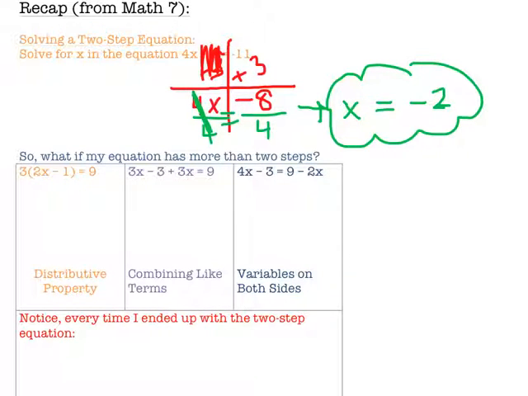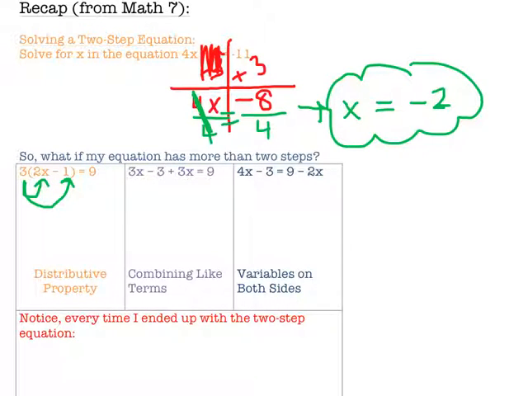Some of these skills are also a review. So for example, last year you should have learned about distributive property. And in this first equation, I have distributive property. I have a number outside parentheses and then 2 numbers inside parentheses. And if you remember what I'll do with distributive property, I need to multiply that number outside the parentheses by everything inside.